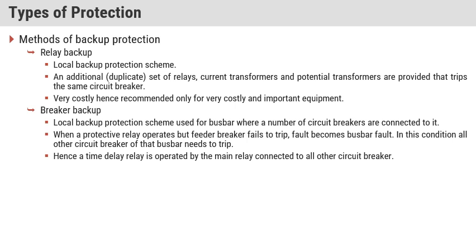It is very costly, hence recommended only for very costly and important equipment that must remain healthy, because every relay system needs a duplicate set of relays, which increases the cost of the system.